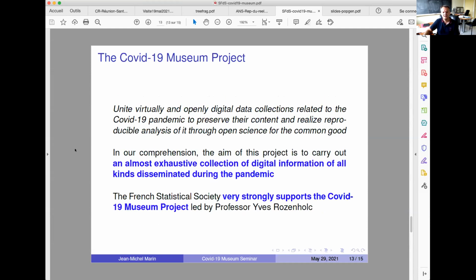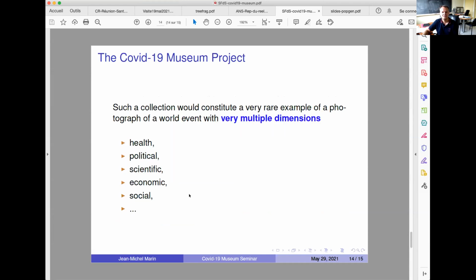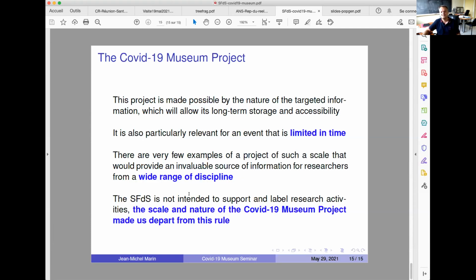At the end, the French Statistical Society wrote a letter to Yves to very strongly support the COVID-19 Museum. So the main reason is the very multiple dimensions, and the fact that a wide range of disciplines can be impacted and can be interested in this data.